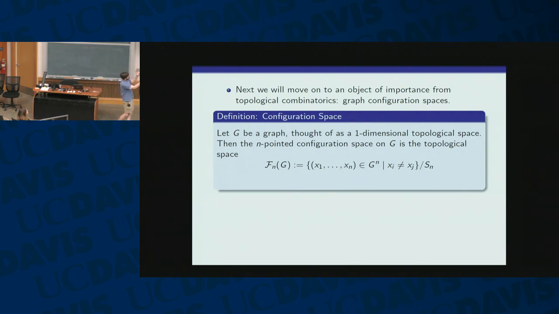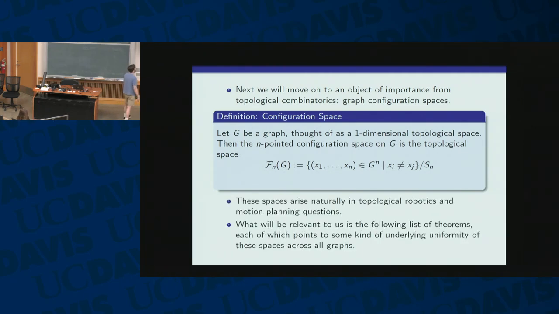And I want to mod out by the symmetric group action. Notice that if I have such an n-tuple, the symmetric group acts by permuting coordinates, to be more precise. And that's a nice, properly discontinuous action, and so this thing is a nice quotient. So this is what I'm going to call the configuration space of points.